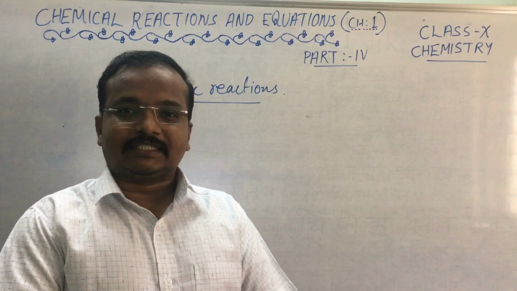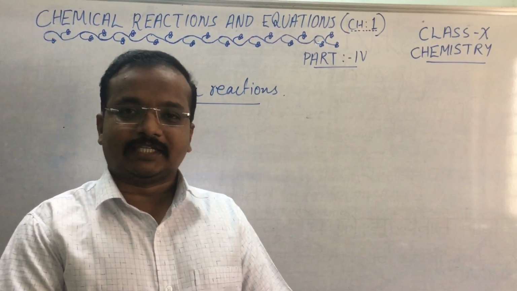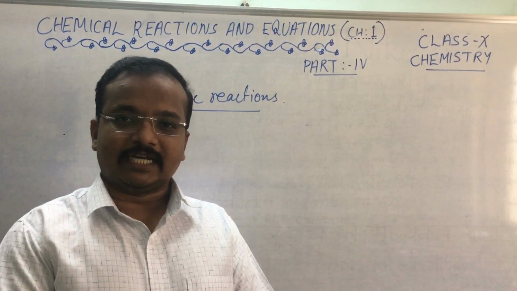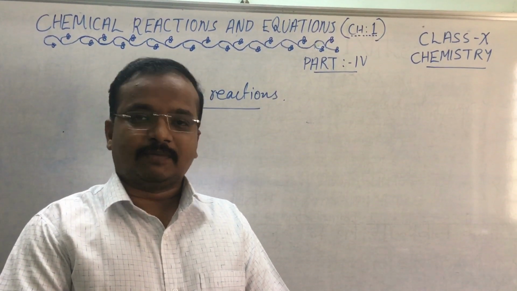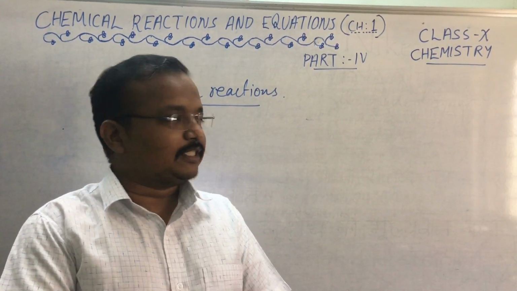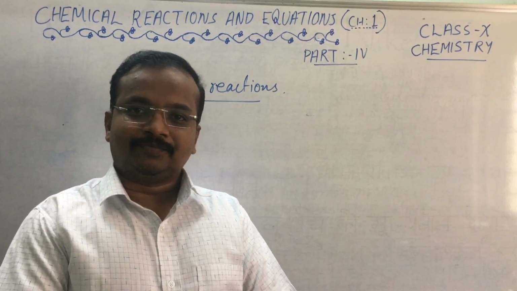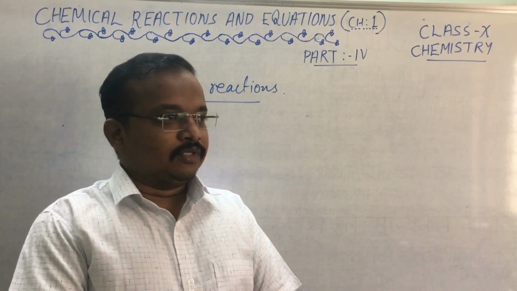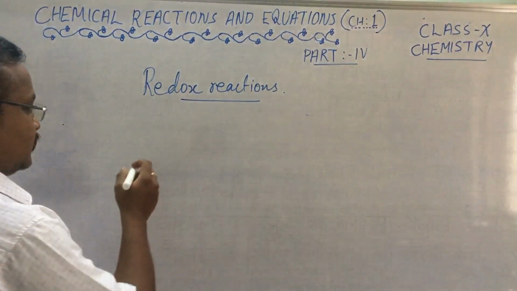Already we have discussed in our last module the other types of reactions, like combination reactions, decomposition reactions, displacement reactions, and double displacement reactions. So this is our last type of reaction, that is redox reactions. So let us discuss redox reactions.